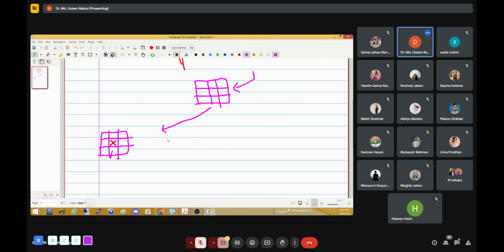Then someone can think about placing the X in another position, maybe this position, or here, or another position, maybe this one.